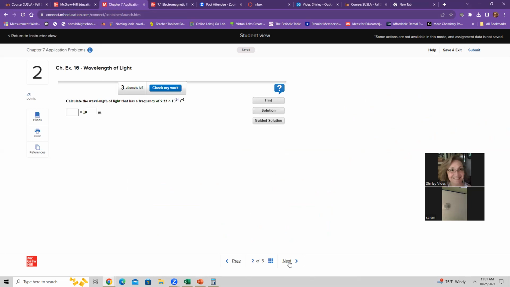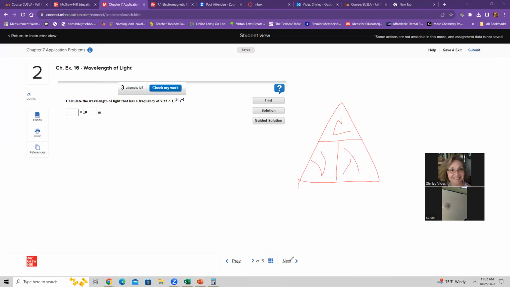Okay, so let's do this one. Now they want wavelength from frequency. Remember that little triangle again? If you do your little triangle, you don't even have to solve for x. C is up here, equals nu times lambda.